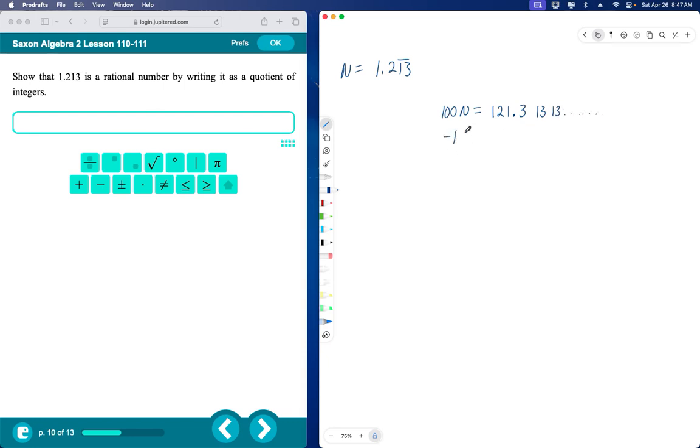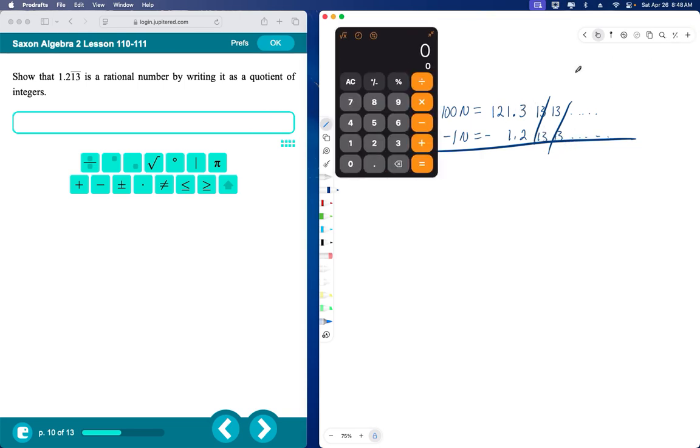Now we multiply that by negative 1n, and that's going to be a negative 1.21313 dot dot dot repeating. These cancel each other out because when we subtract, they go away because they're perfectly lined up on top of each other. So now we just need to subtract these two. 121.3 minus 1.2.